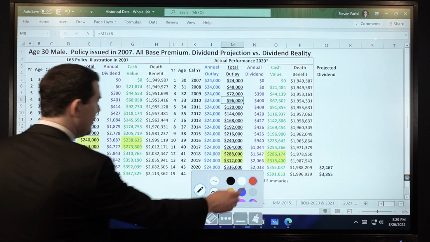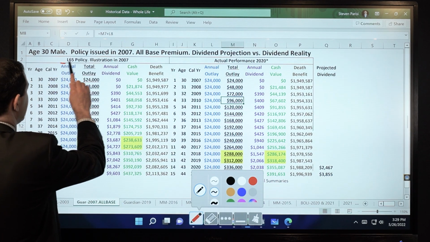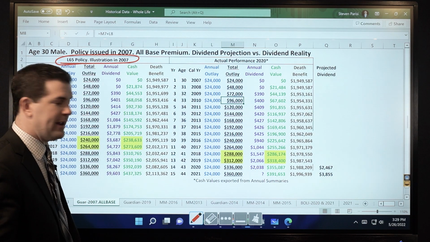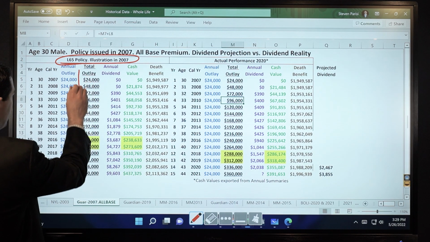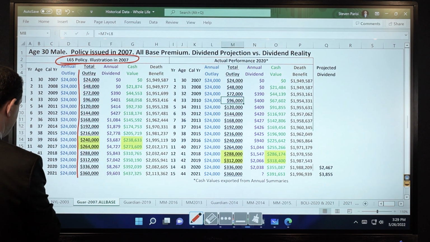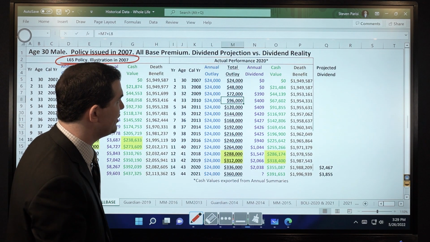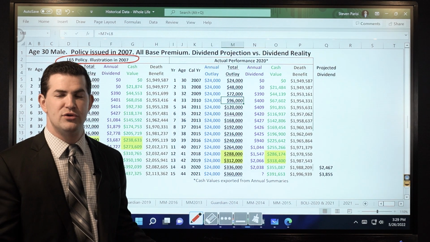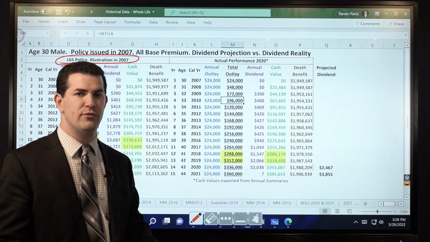But here's an illustration from 2007 with a policy with one of the major mutuals. $24K per year going in up until 2021. And this is what he planned to do. And this was one of those cases where he did exactly as planned, which is very nice when we track the actual performance.